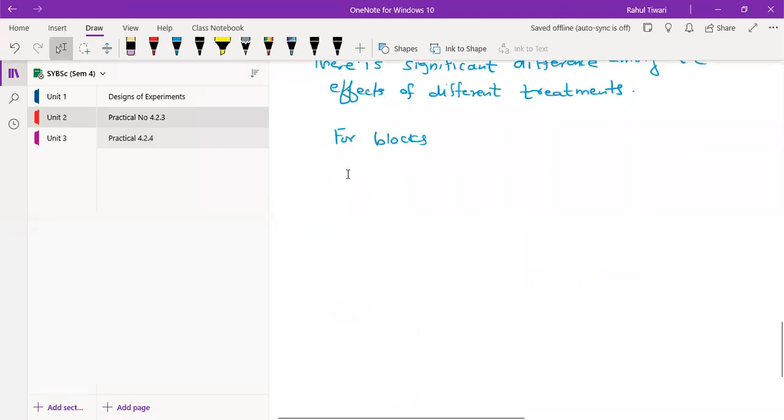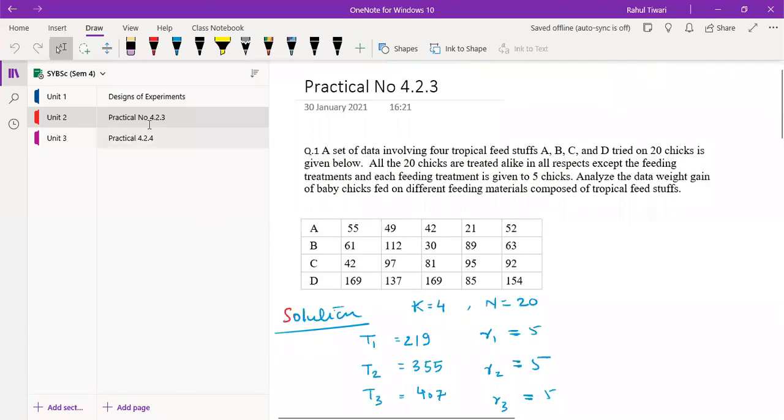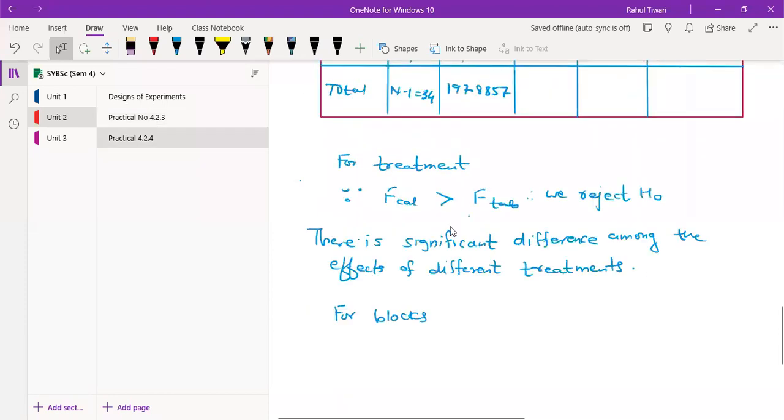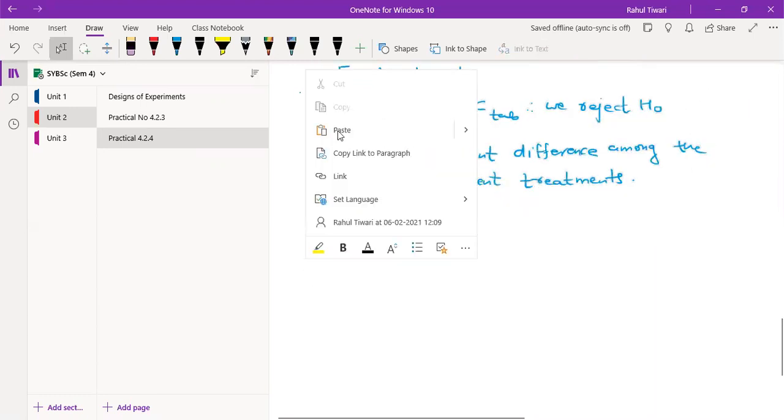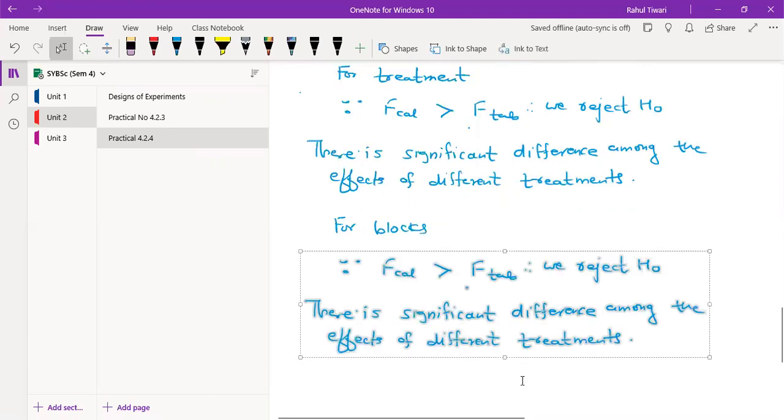Yeah. So for blocks also, it is going to be the same. Okay.